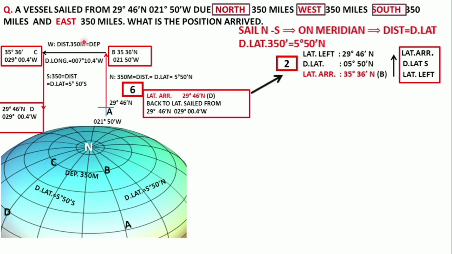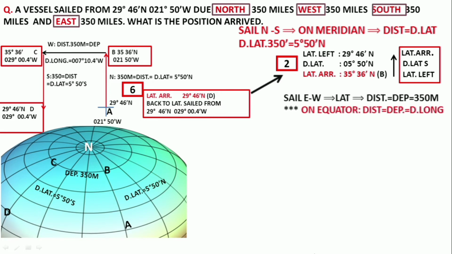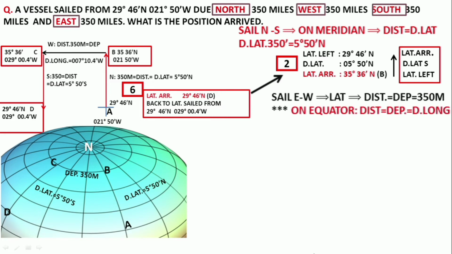And then now she goes 350 miles east. Going east is along a parallel of latitude, that is your departure. So we know our departure, we know our latitude, and we can always find out the D long.